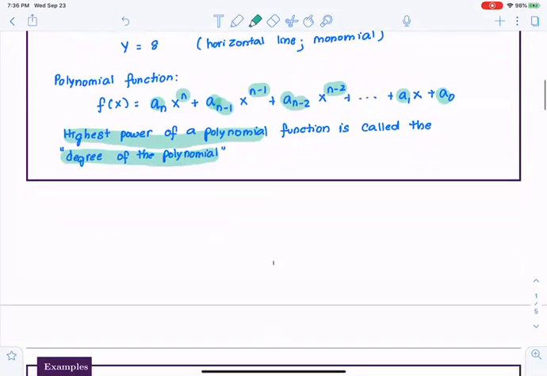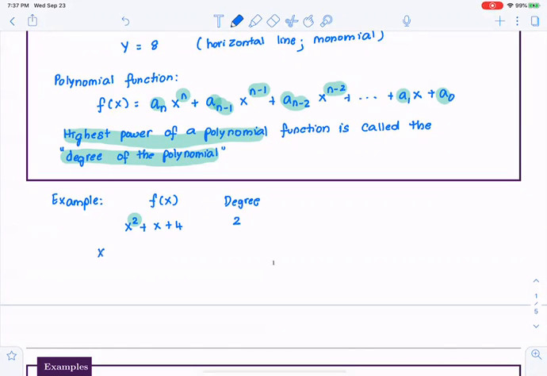As an example, suppose we have x squared plus x plus 4. It is a trinomial, it has 3 terms in it, but it is a polynomial function. So the highest power here is 2, so the degree of the polynomial is 2.